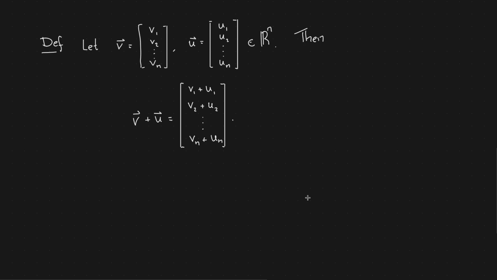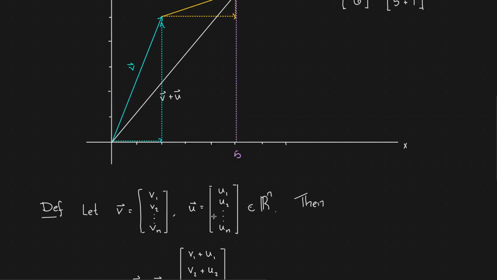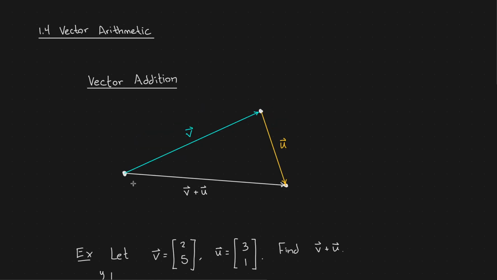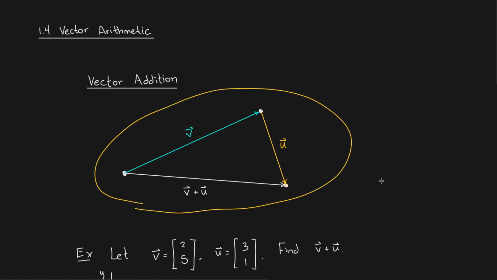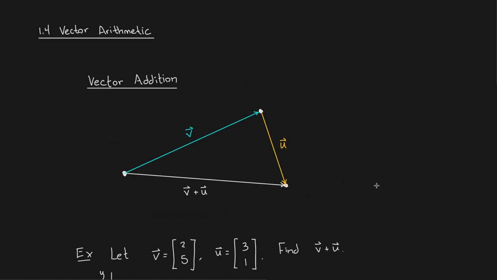Again, the most important idea here is not how you do the vector addition. That's easy. Make sure you have the geometric interpretation of what that vector addition means. Okay? It means that net change. And by the way, the order here doesn't matter.